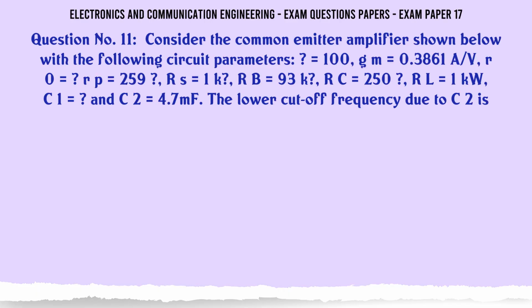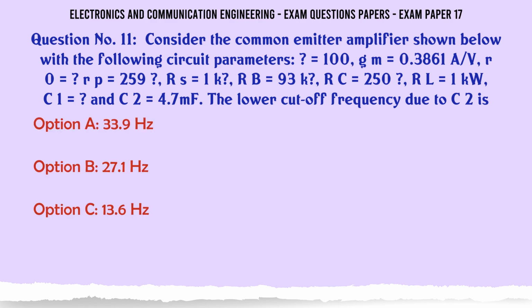Consider the common emitter amplifier shown below with the following circuit parameters: beta 100, gm 0.3861, AVR 0, Rπ 259, RS 1 kΩ, RB 93 kΩ, RC 250, RL 1 kΩ, C1 and C2 4.7 µF.